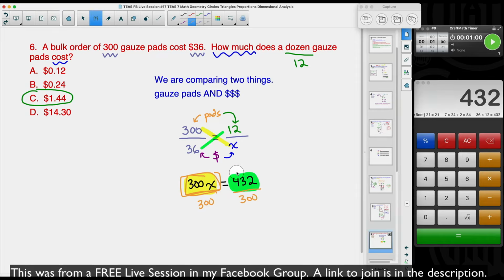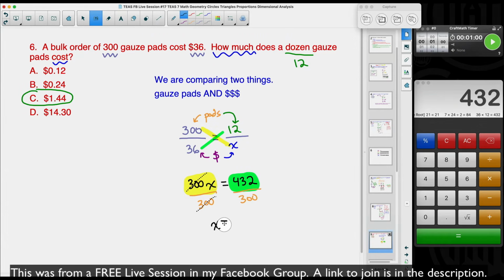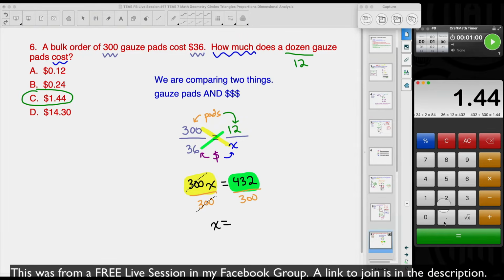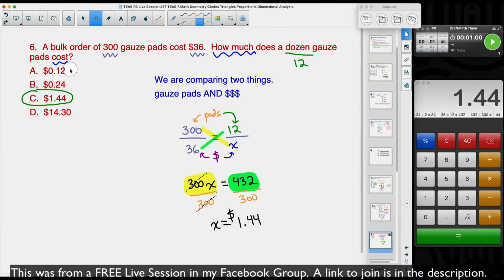And the opposite of multiplying is to divide. So 300 divided by 300 is 1. We don't even write that down. We get x equals whatever 432 divided by 300 is. That's $1.44.